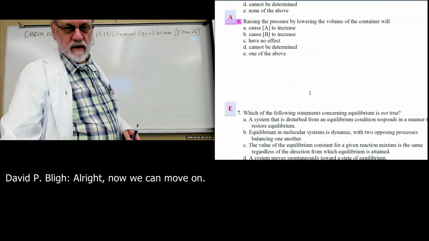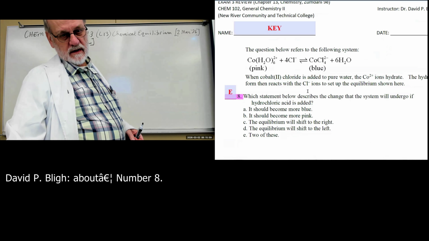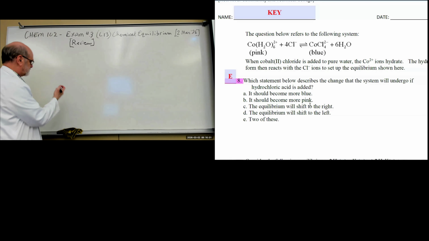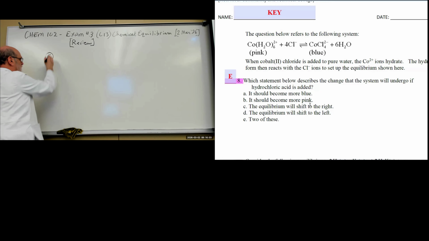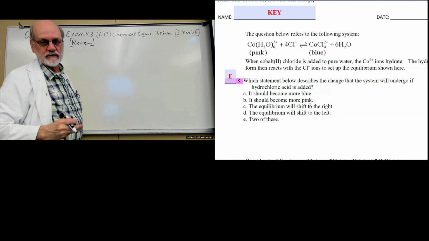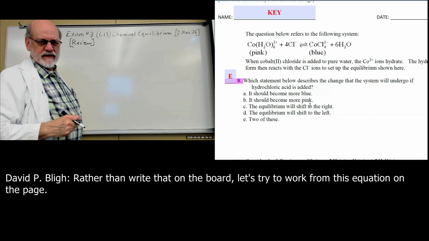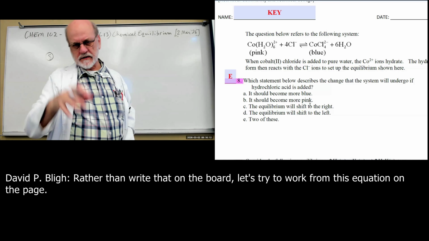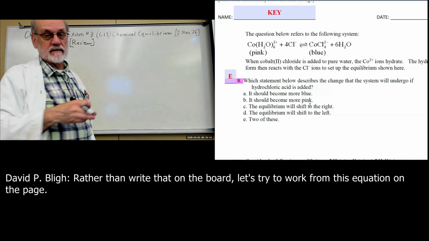All right, now we can move on to number 8. Or maybe I didn't do that one because this one's going to be similar. It's possible. Rather than write that on the board, let's try to work from this equation on the page.